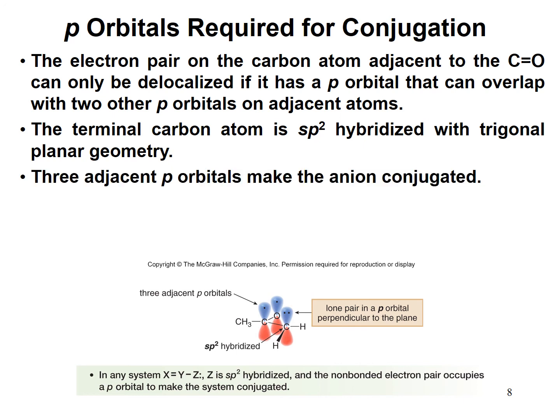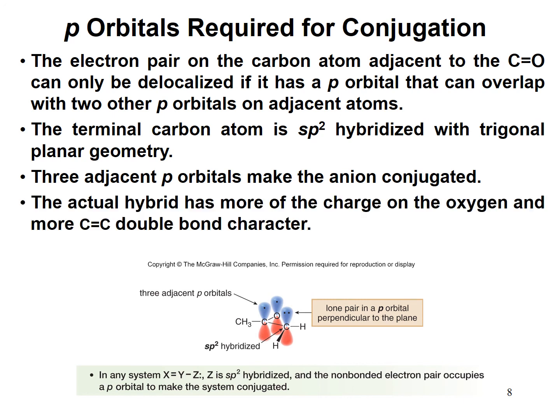There are three adjacent p orbitals that can make an anion conjugated. Therefore, the actual hybrid has more of the charge on the oxygen and more carbon-carbon double bond character than we would have originally drawn.